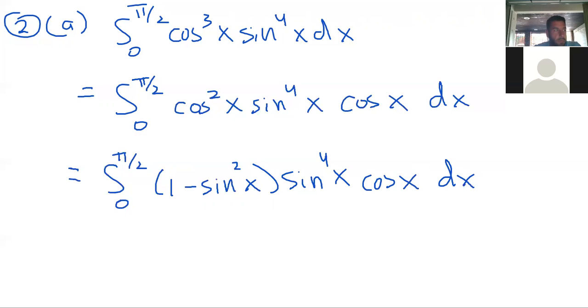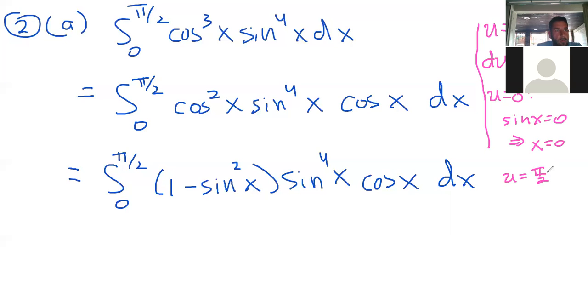So what's the substitution? Well, come over here and put it in. u is going to be the sine of x, and that means du is cosine of x dx. And then when u is 0, x has to be 0. And then when u is pi over 2, excuse me, I wrote that down wrong.